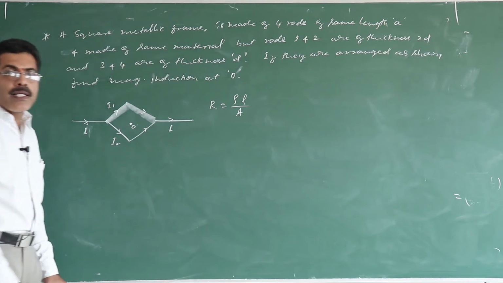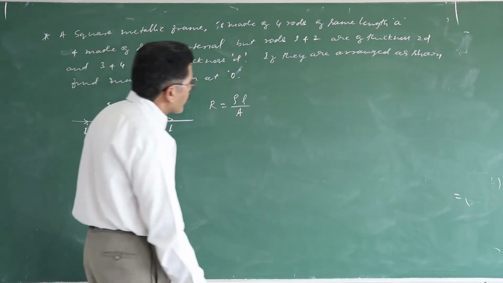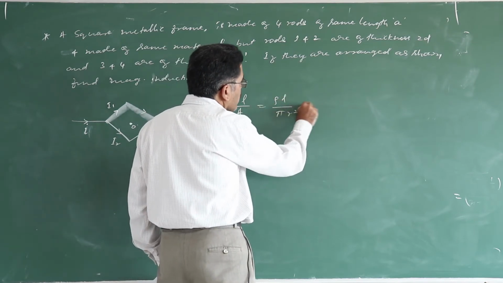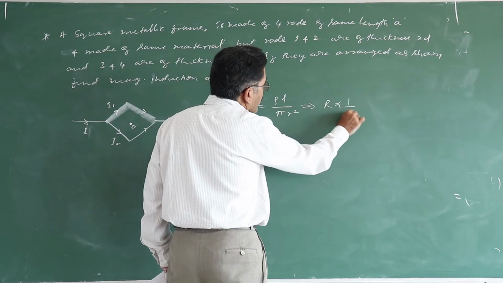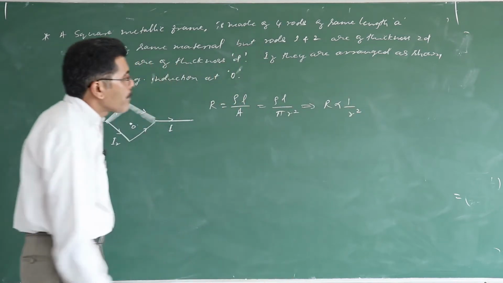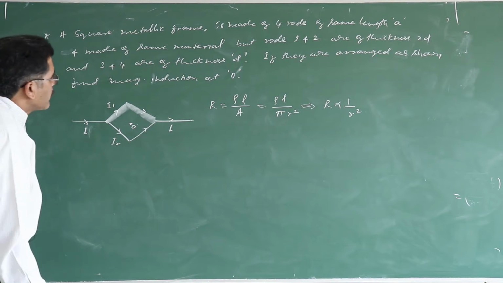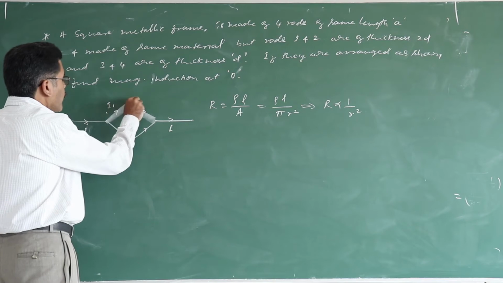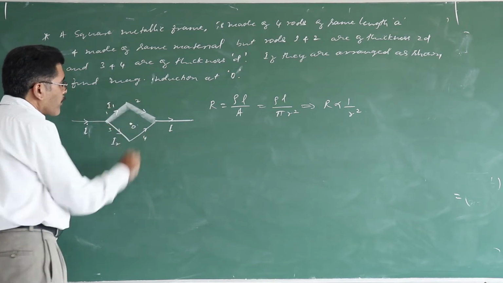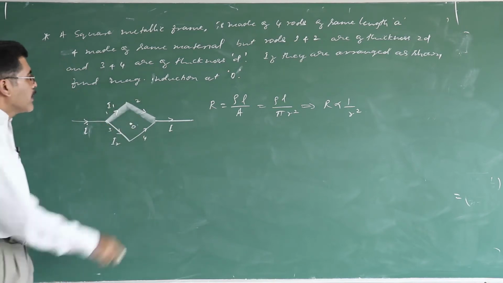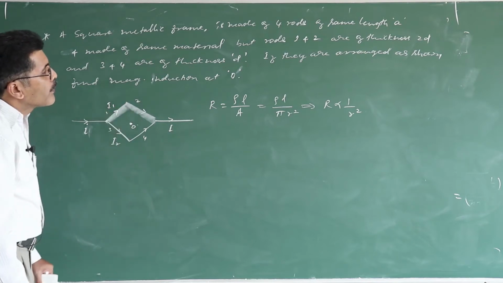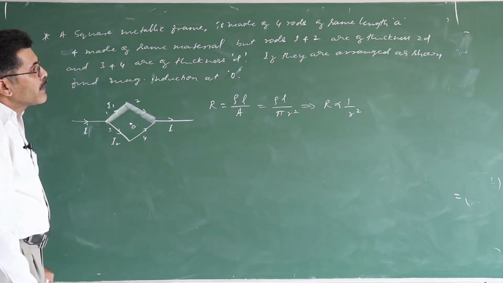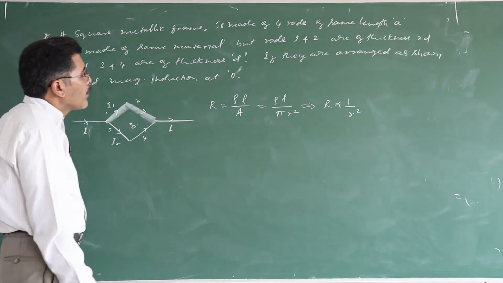But rho into L by area, where area is pi r square. This implies R is inversely proportional to r square. Therefore I just take this as 1 and 2, and this is 3 and 4. When you take the resistance of 1 and 2, since their thickness is 2D, I just consider their resistance as 1/4.